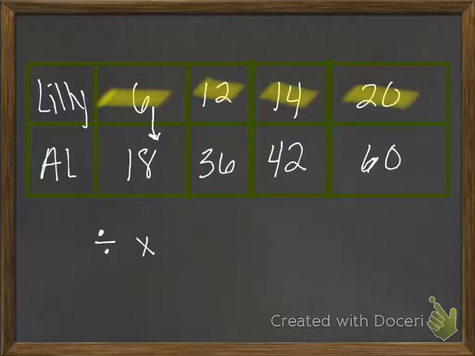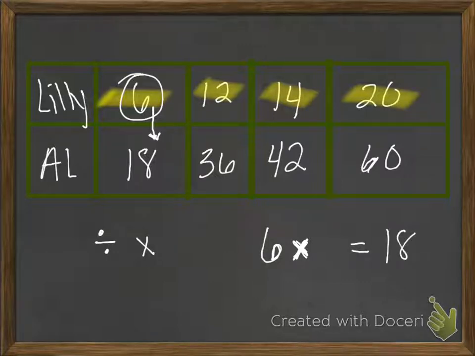Well, we know we increased, so when your top number is littler than your bottom number and you're increasing, we have to use multiplication. Just like if it's increasing and we're talking about addition, you know it's addition. So our starting number is 6. 6 times what gives us 18? 6 times 3.